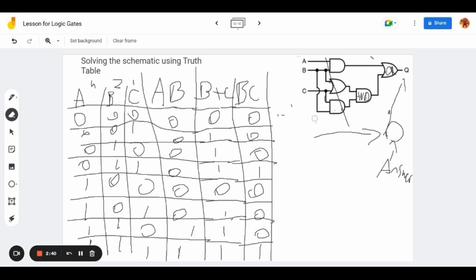And remember to use brackets to show which one to multiply first and which one to add first. Let me show you.